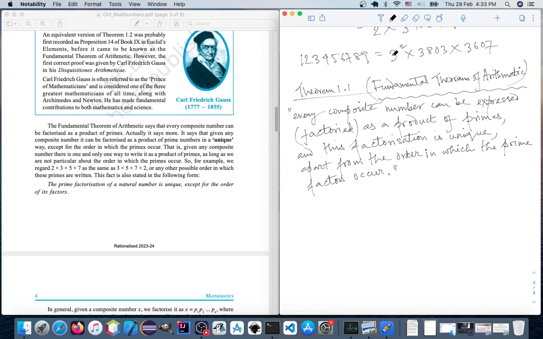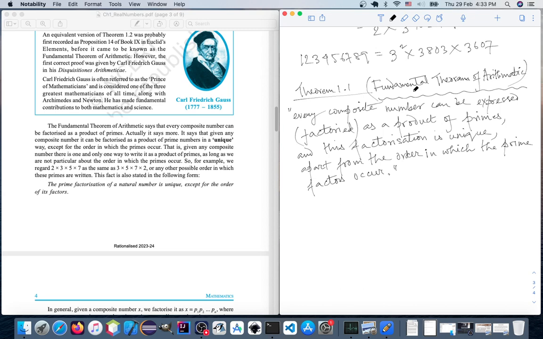This is important. So prime factorization of a composite number is unique. A composite number cannot be factorized in two different ways, where in one way you're having some prime numbers, and in the other factorization you're having some other prime numbers.